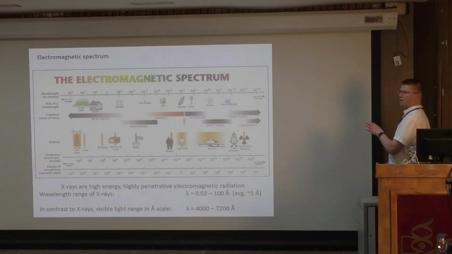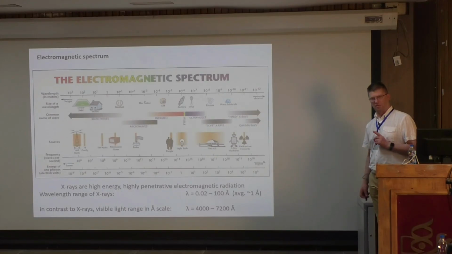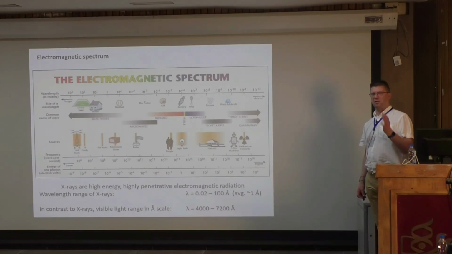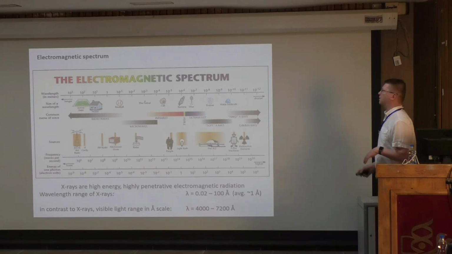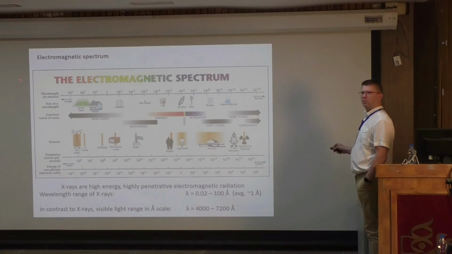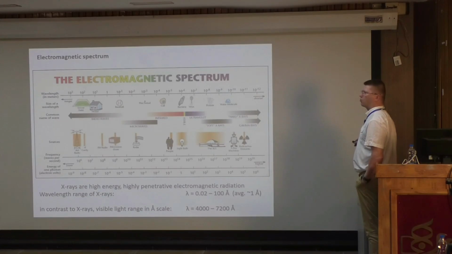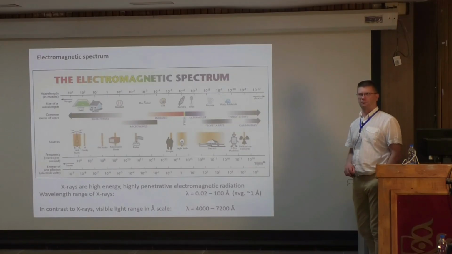And I particularly like this slide because it will tell us why we need X-rays. X-rays are light of a certain wavelength. Here we have a length scale in meters, from 10 to the power of 3 meters to 10 to the power of minus 12 meters.